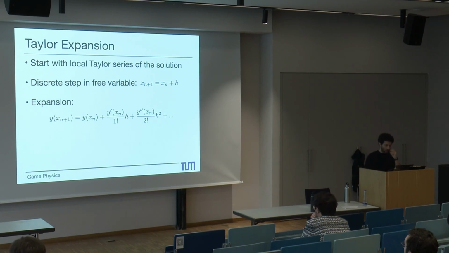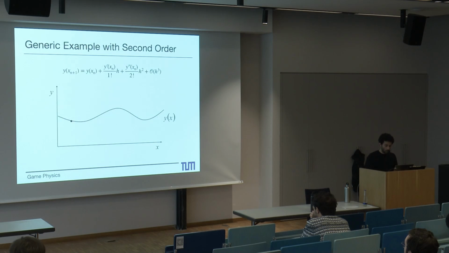These can be seen in a more intuitive way by looking at the plot. So, for instance, let's assume we have a certain point x0 in which we know the solution being y0, and then we want to advance of a certain amount h, and this way we arrive to position x1.